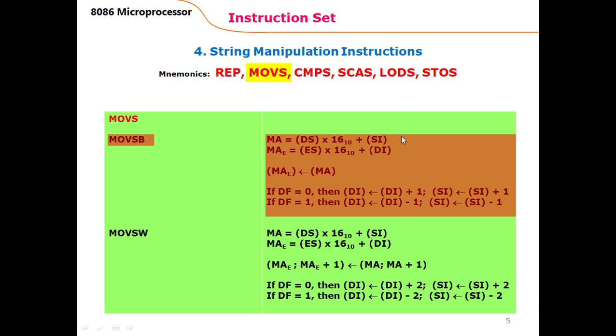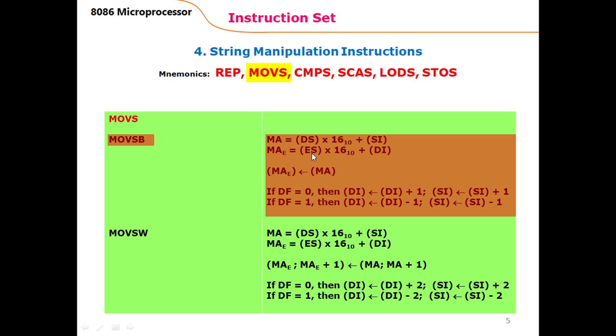And next, the memory address calculated here is the source address of the data transfer, and then we have to calculate the destination address. So the microprocessor would calculate the destination address as follows.